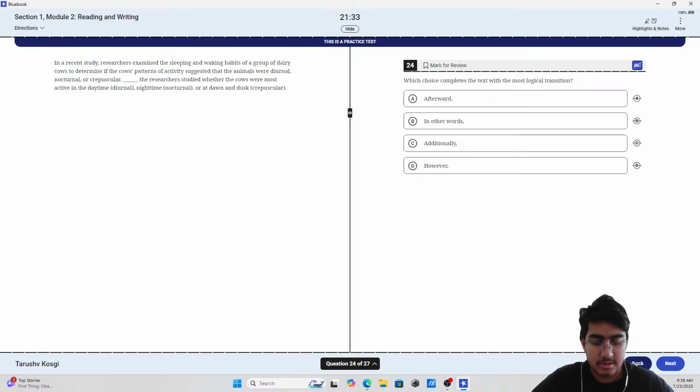In a recent study, researchers examined the sleeping and waking habits of dairy cows to determine... So this is an in-other-words type thing because it's describing what diurnal, nocturnal, and this means.